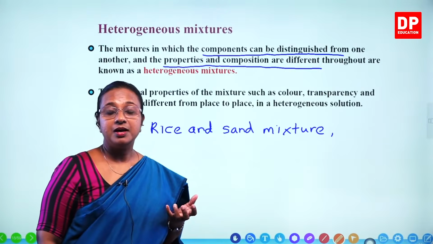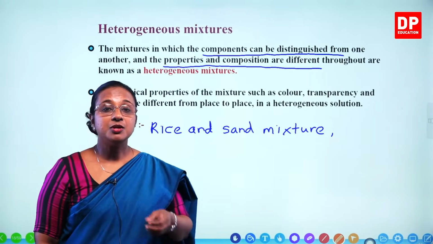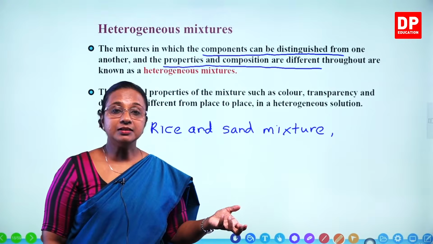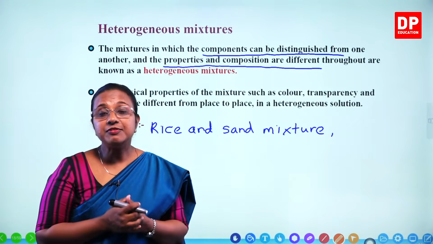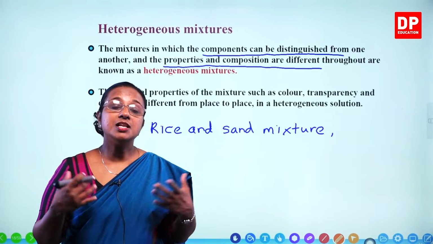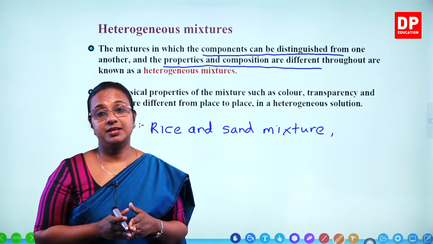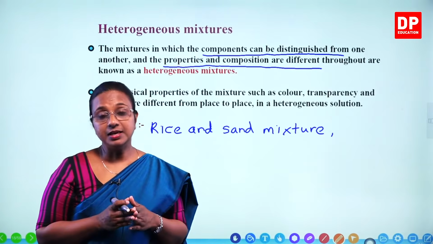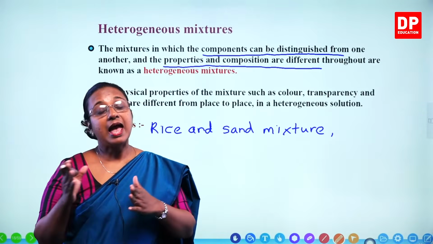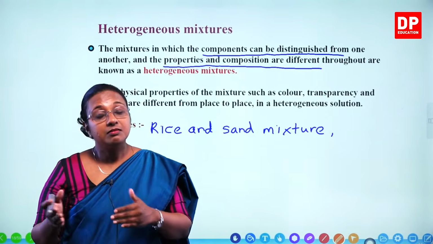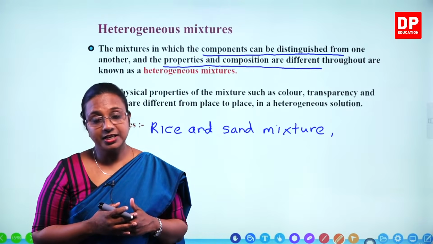Similarly in the lab, if you have small pieces of iron and small pieces of copper mixed together, still you can see them separately. The color will be different. Iron is a silvery metal and copper is a reddish color shiny metal.